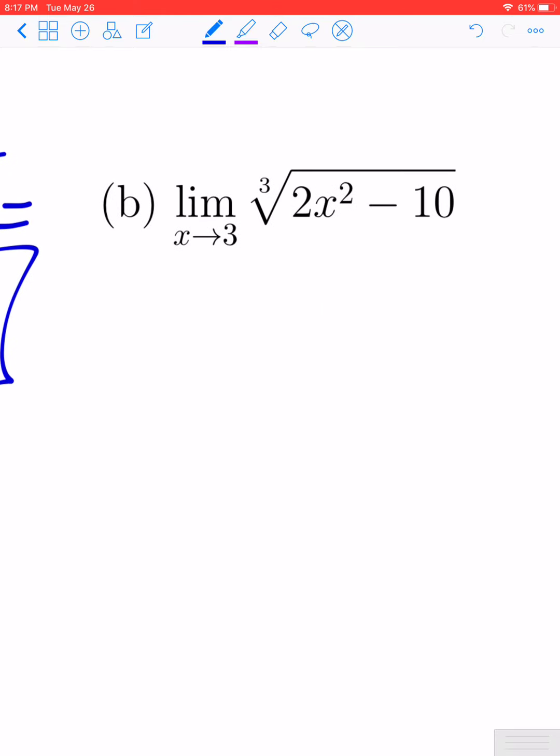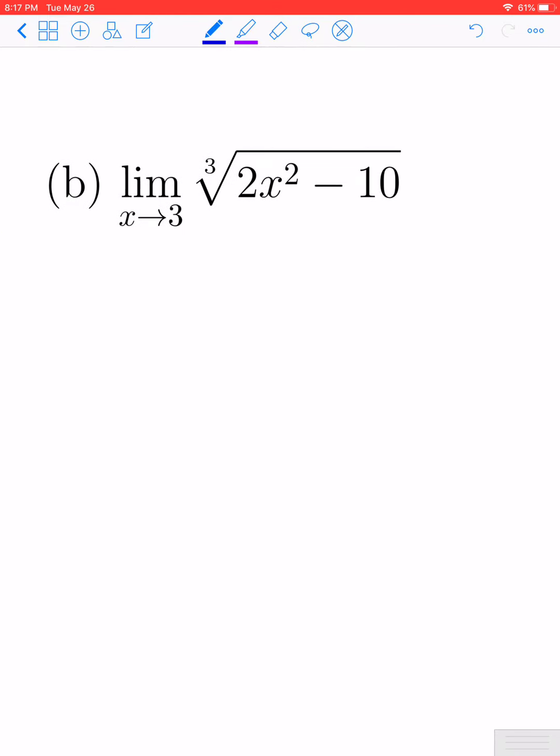If we take a look at part B, we can do the limit of the inside function. That's a polynomial. The cube root is defined for any real number, and therefore we'll have a limit. So this one can also be done via direct substitution.